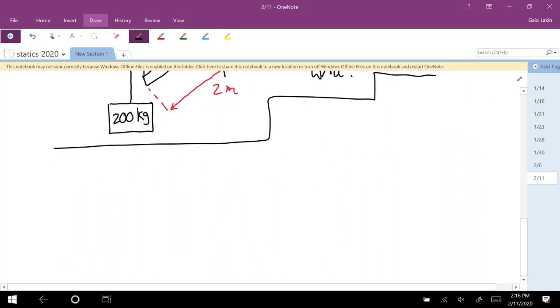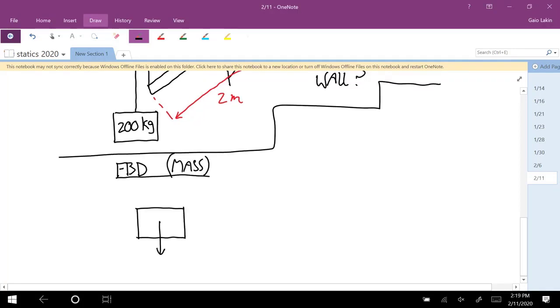Okay, so first thing we have to do is draw a free body diagram. And I guess let's first do a free body diagram of the mass and figure out, we'll see that we can calculate the cable tension with that. We have 200 times 9.81, so 1962.